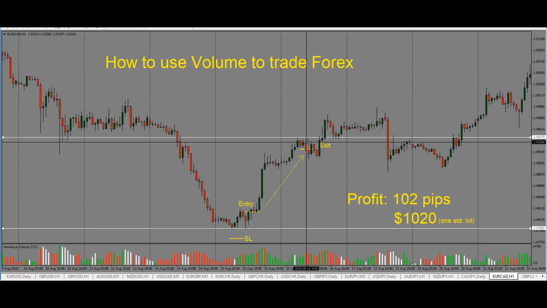So now after this, our volume would start to turn red here, and it's kind of mixed here, but we don't know what happens after this. So at this point, as we come into the resistance level, we have a bearish engulfing candle close, and our volume shows red. This is a good place for us to exit the trade. So from entry to exit here, we get 102 pips in the trade.